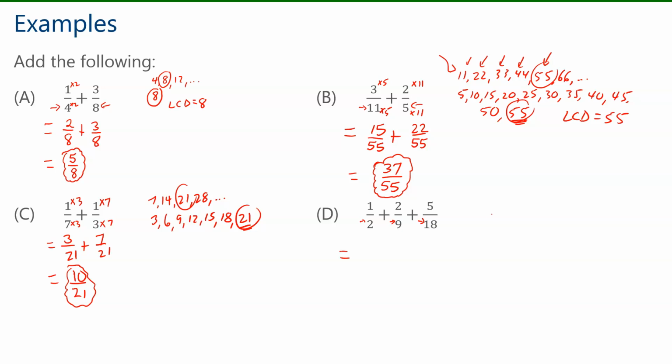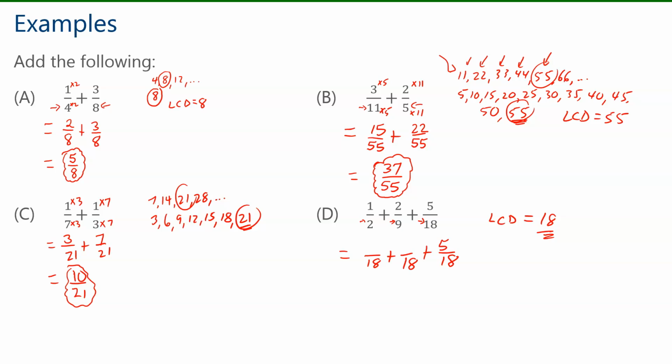You will discover that the LCD for these 3 fractions is actually 18. So for the half, I'll need to write an equivalent fraction. For the 2/9, I'll need to write an equivalent fraction. For the 5 over 18, I just leave as is. Denominator is already 18.